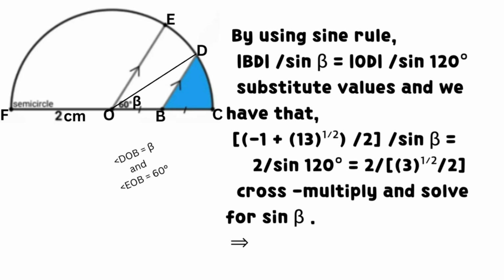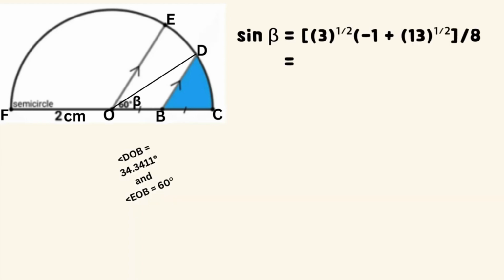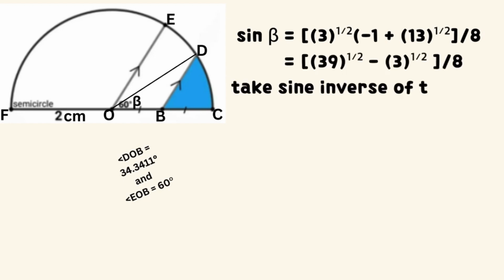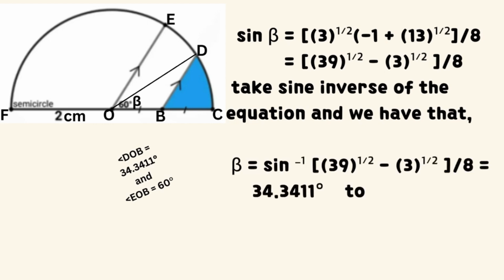This implies that we obtained an equation for sine beta as shown on the screen, which equals the difference between the square root of 39 and the square root of 3 all divided by 8 after simplification. Take sine inverse of the equation and we have that beta equals 34.3411 degrees to 4 decimal places.